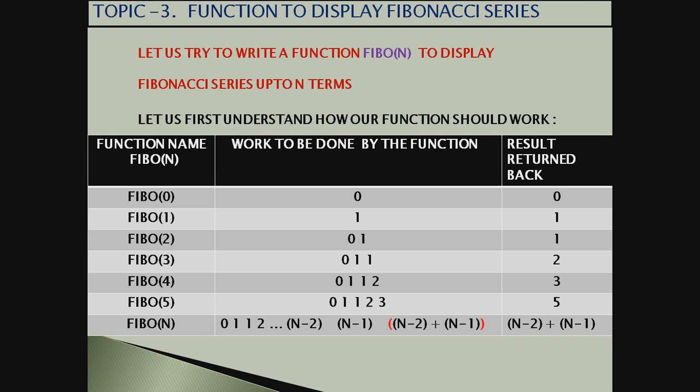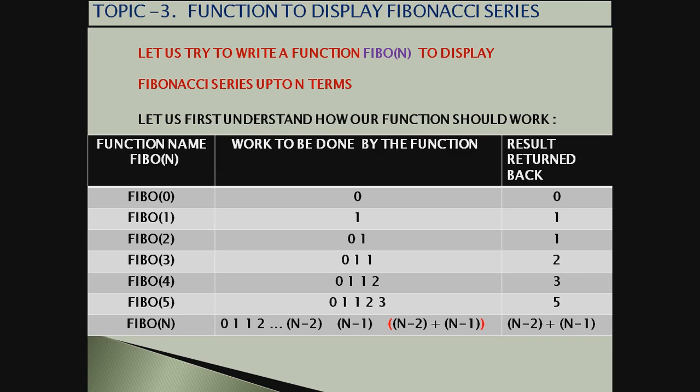See students, the second column, I showed the second column to make you understand how we actually think of the Fibonacci series. But the computer executes the Fibonacci series in a different way. We will see how the computer is going to run or display this Fibonacci series.